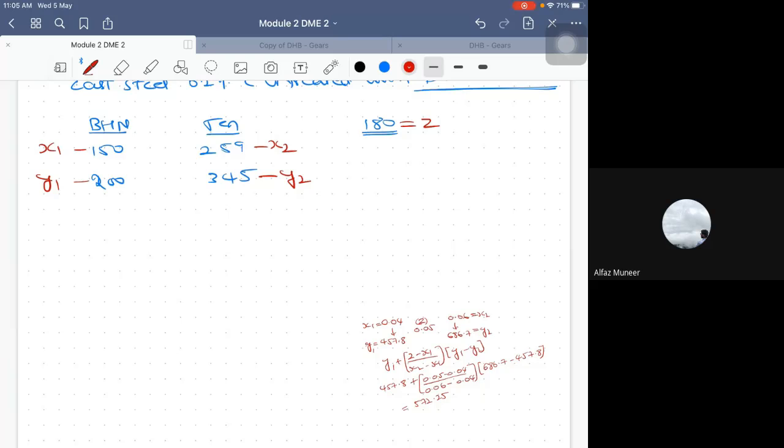So the value for 180 could be Y1 plus Z minus X1 divided by X2 minus X1, into Y2 minus Y1.